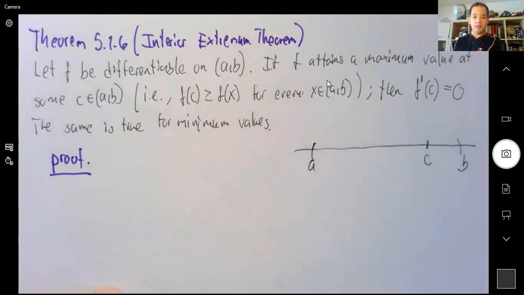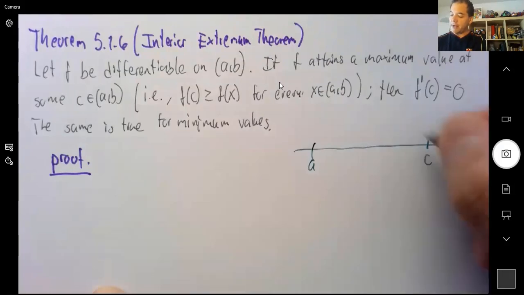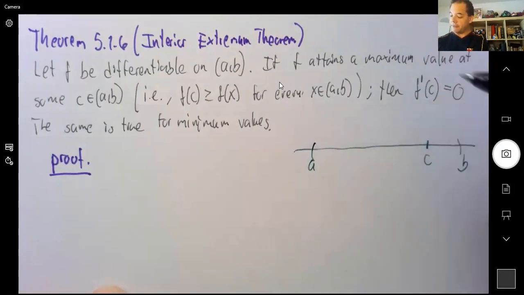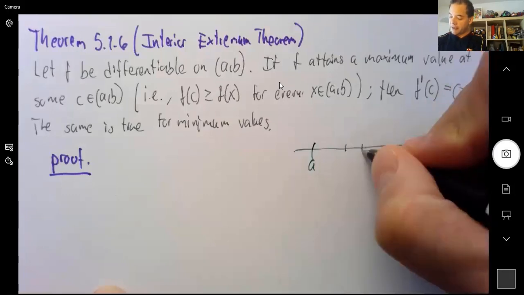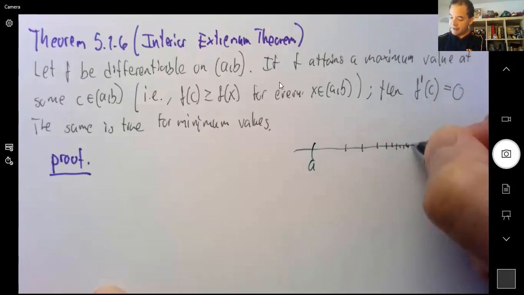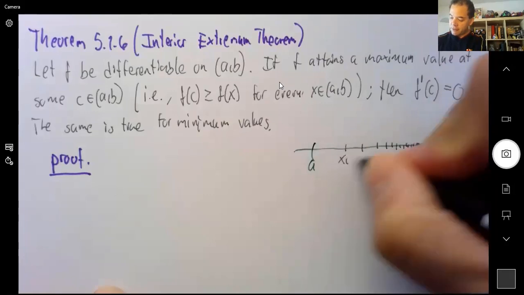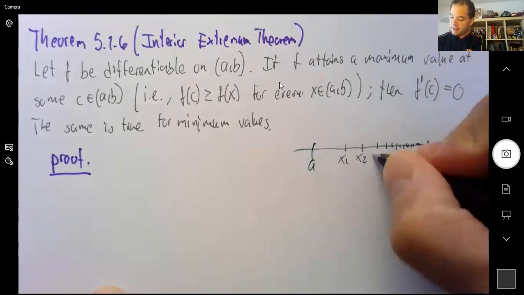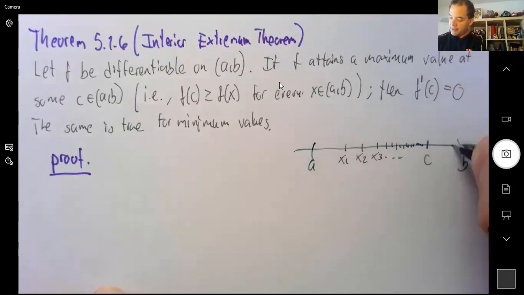What I'm going to do is construct two sequences of points, one approaching C with values smaller than C, so from the left, like one sequence that goes like this and gets close to C: x1, x2, x3, etc. And another one of y's that approaches from the right.